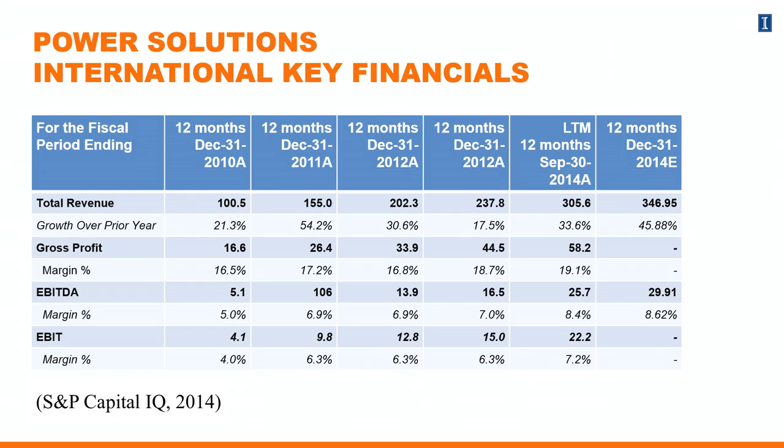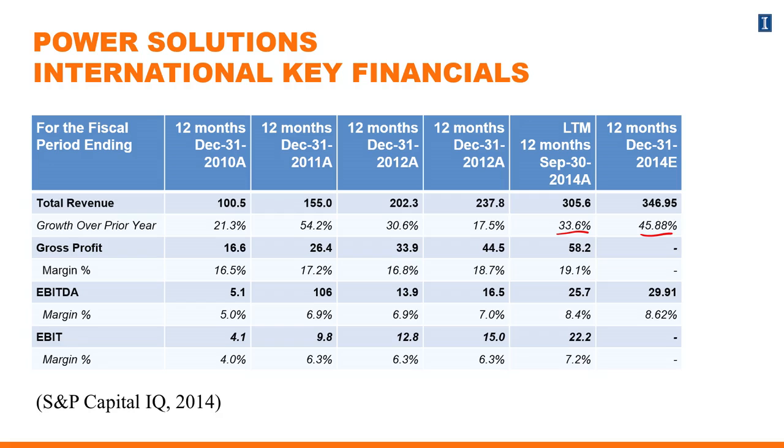So just to show you this, these are the basic financial numbers for PSI. You can see in this table that the company is growing at a very high growth rate. The growth rate of revenues here is 33%. Expected growth rate for 2014 was 46% at that time.